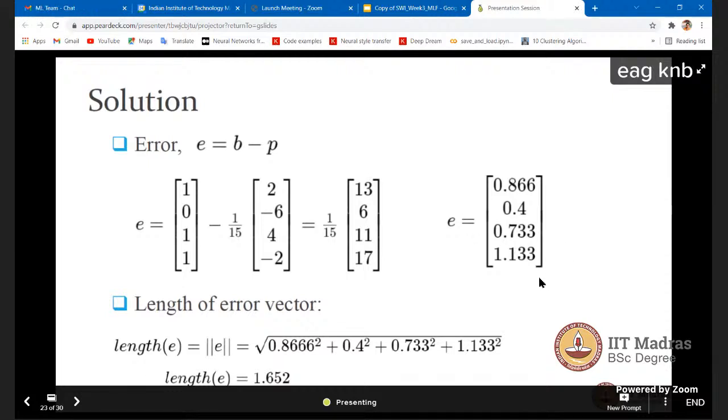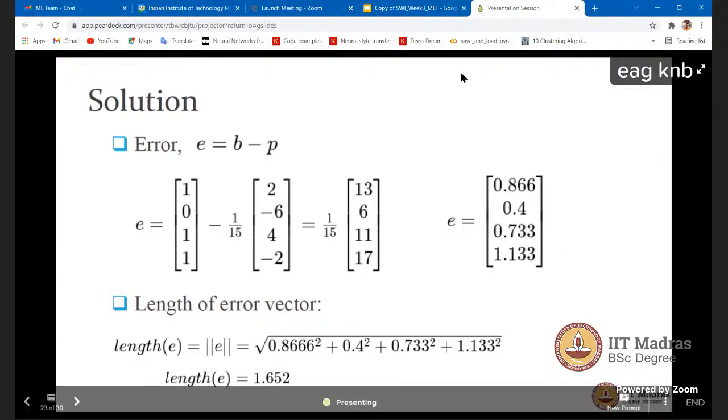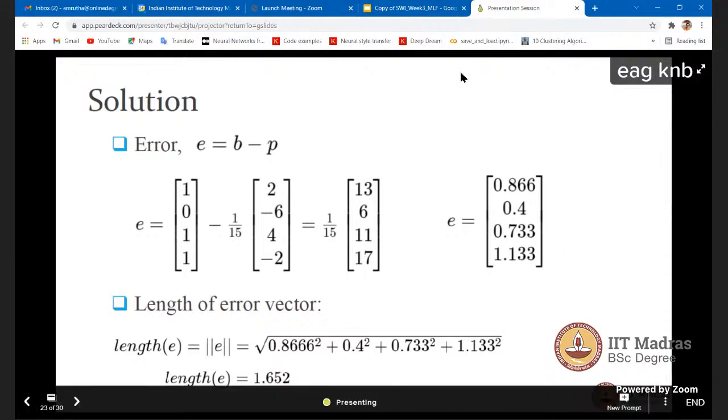So have you achieved this error vector? Did everyone get this error vector, or did anyone obtain a different value? You can share it with me. Can you unmute and say, is this the same error vector that you got while computing, or did you get a different vector? Can anyone answer? Ma'am, yes.